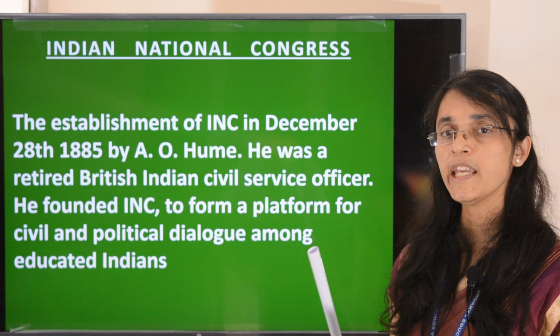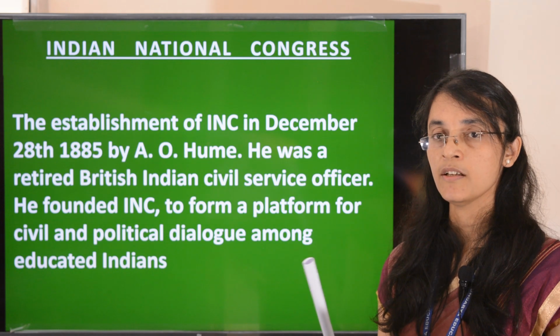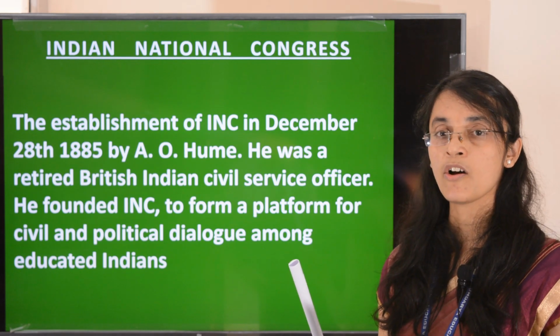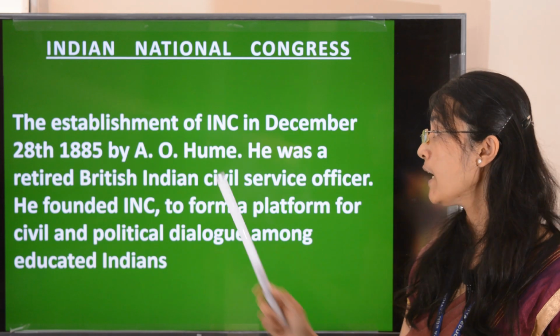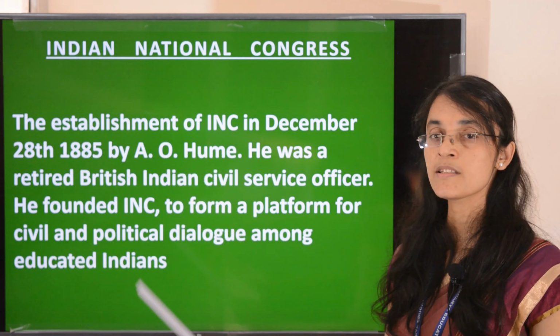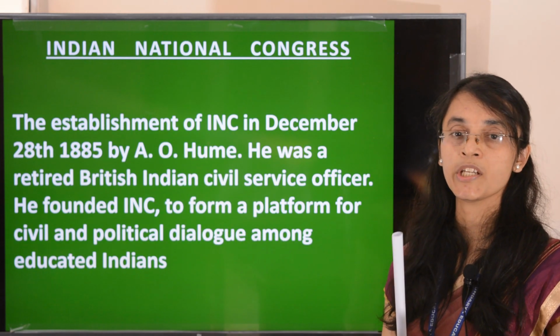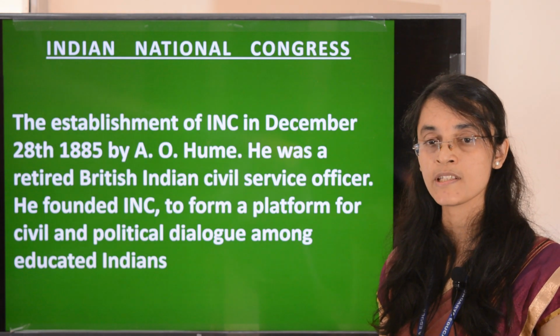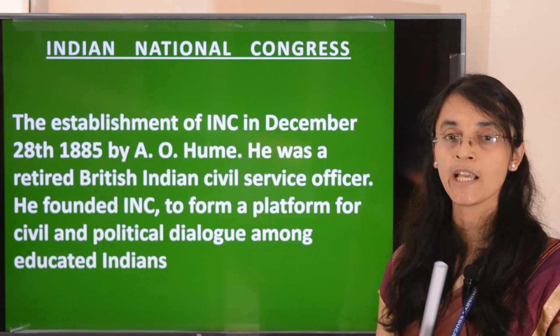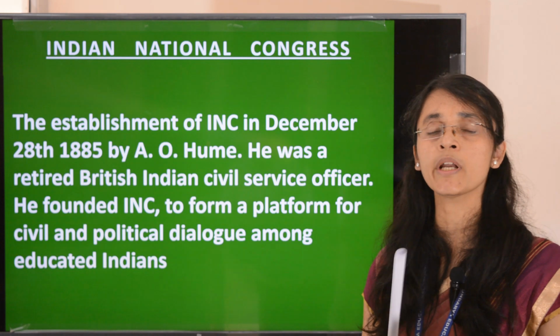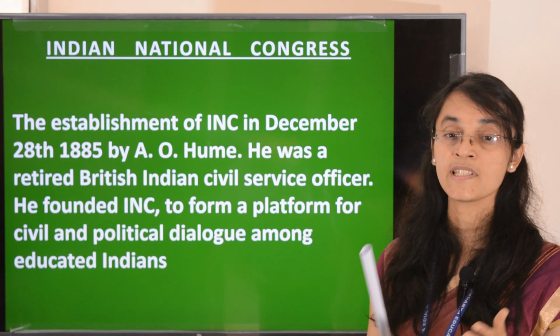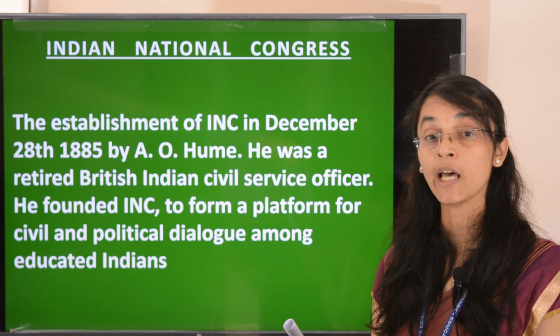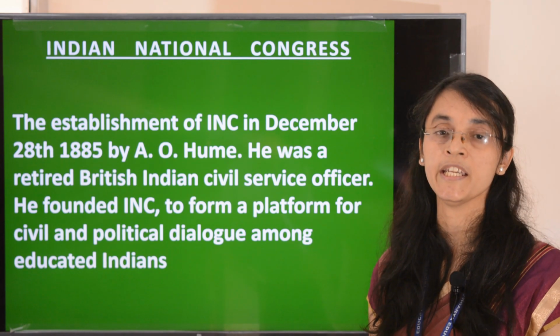Next, in 1885, the Indian National Congress was established by A.O. Hume. He was a retired British Indian civil service officer. He founded the Indian National Congress to create a platform for civil as well as political dialogue among educated Indians.